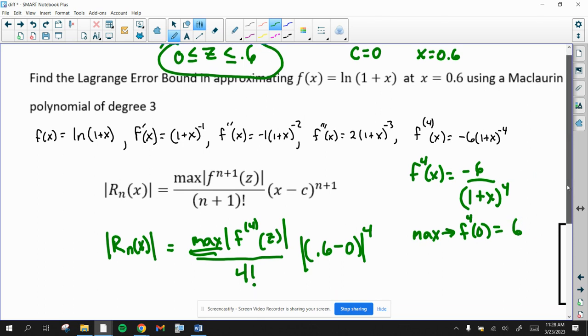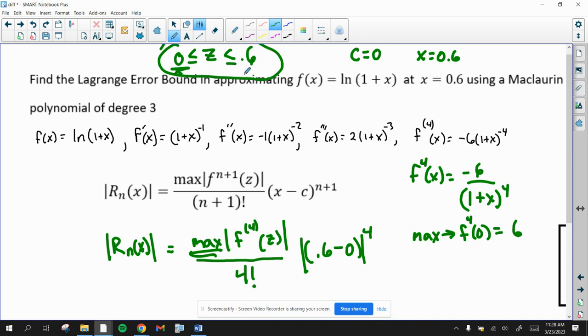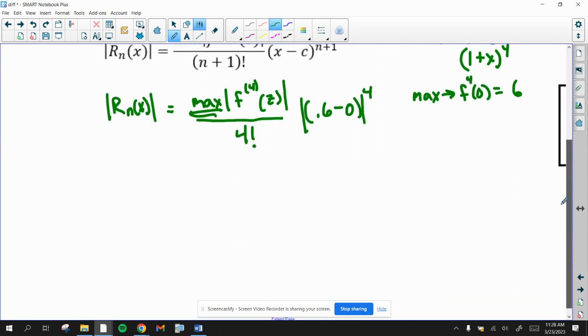So there you go. That's what the maximum value of this derivative is going to be between the centering point and the value of x that we're approximating. So we can just do this now. 6 over 4 factorial times 0.6 to the fourth. And now we're going to let our calculator do its magic. 6 divided by 24 times 0.6 to the fourth.